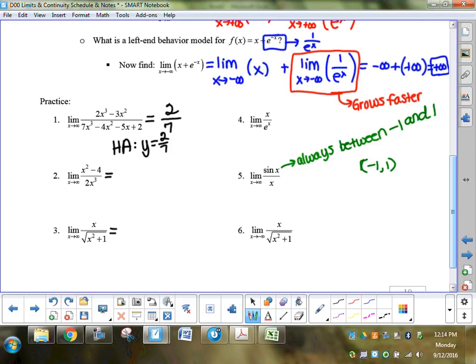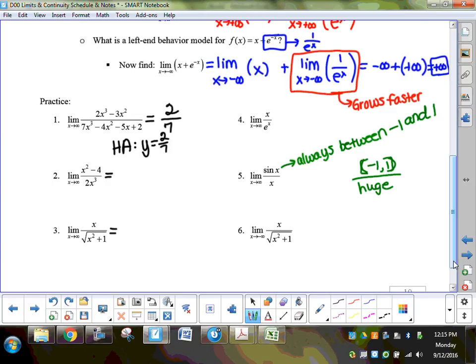Or sorry, those should be brackets. Between -1 and 1 over some huge value. Now it's not huge because more is getting done with it, but if we pin it between those values, the numerator is always a small number, the denominator is huge, so this would work out to be a limit as we go out to infinity of 0, and we would say we have a horizontal asymptote of y is equal to 0. It's leveling off.